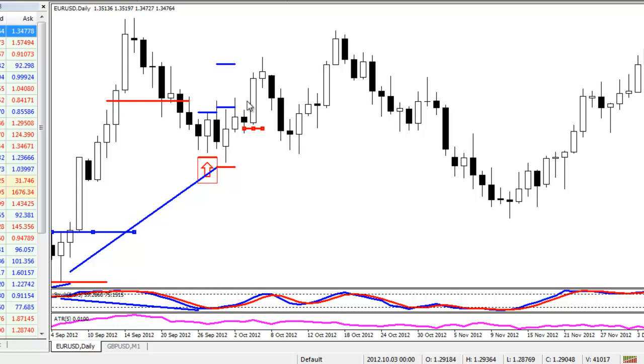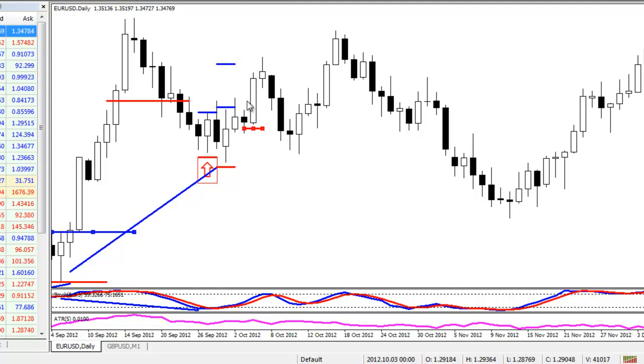You're probably starting to understand now that the continuation system and the reversal systems are very similar. Of course, it's just the type of divergence that actually then shows whether or not it's a reversal systems trade or a continuation system trade. The actual approach of the entries, stop losses, first take profit, and trailing stop loss are identical.